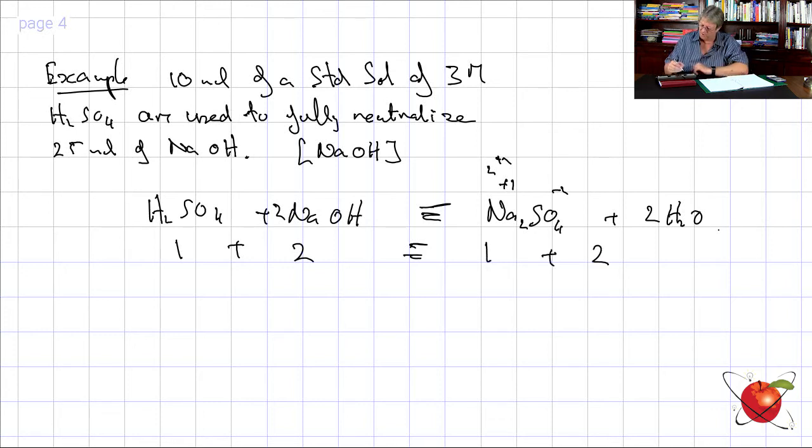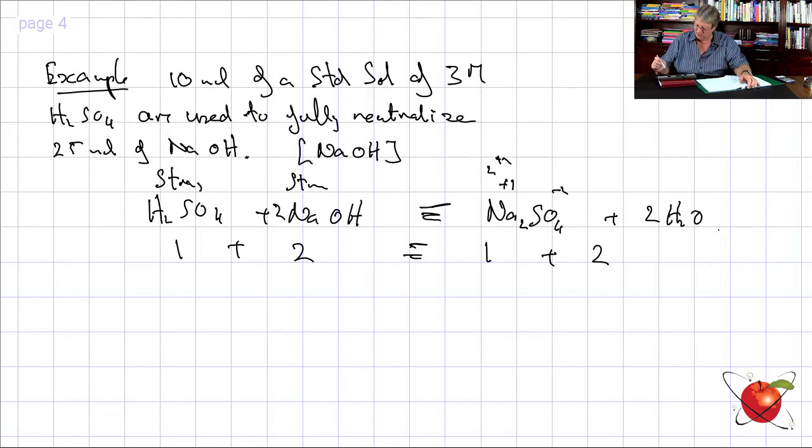So therefore, this is also going to be strong and strong. Bromothymol blue and hydrolysis of the salt. My sodium sulfate isn't going to leave me with an acidic or a basic solution when it's in the water.